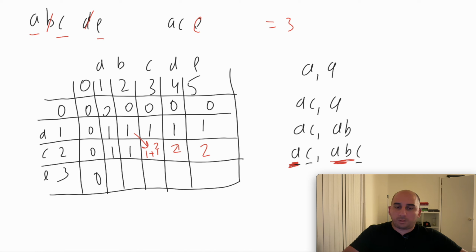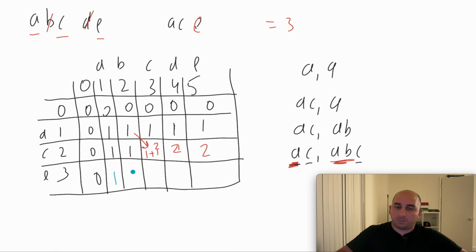The last one is the E. So E is not equal to A, so we are taking either from the left or from the top, and the value is 1. So we are adding 1 here. The same, B is not equal to E, either from the left or from the top.